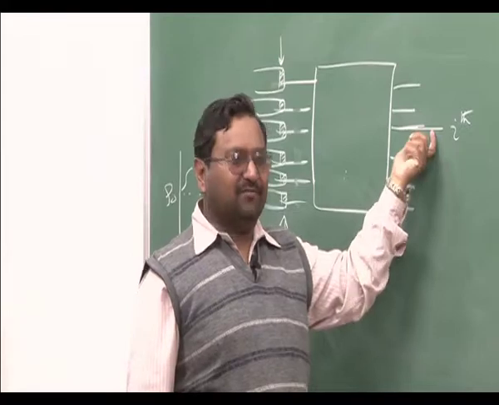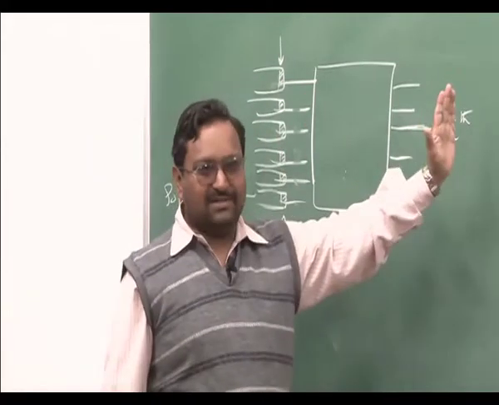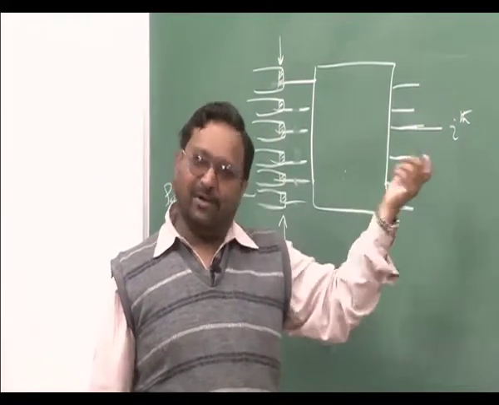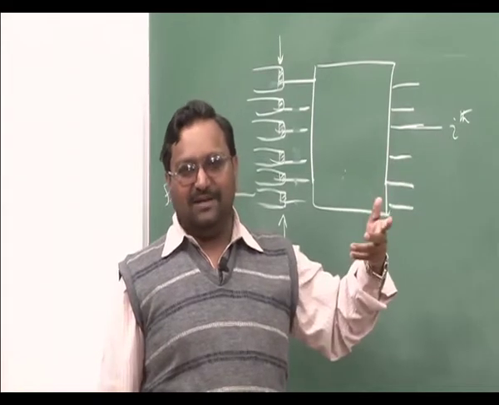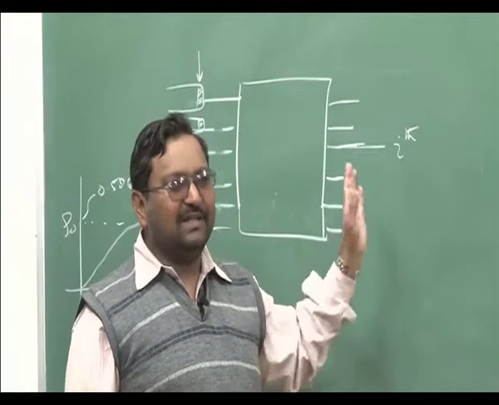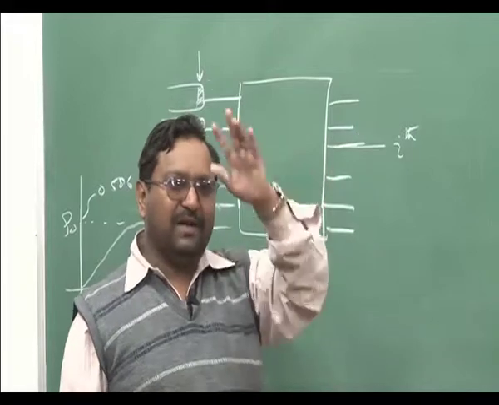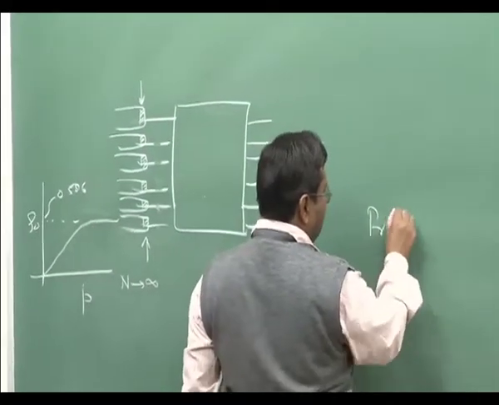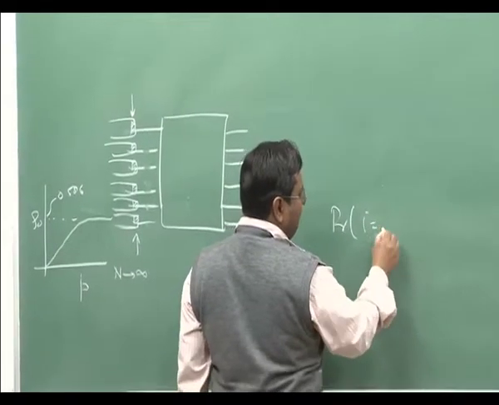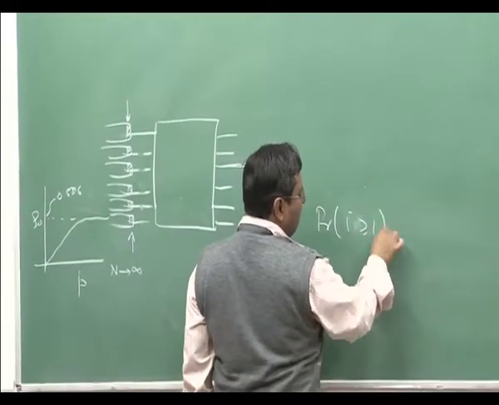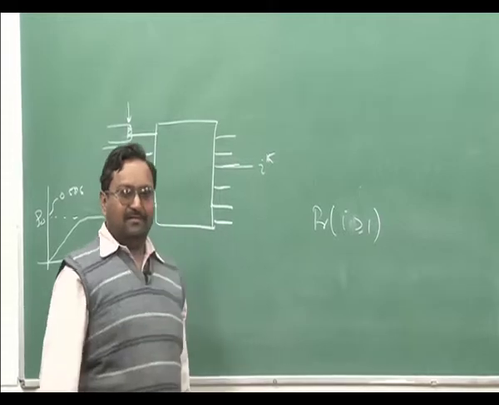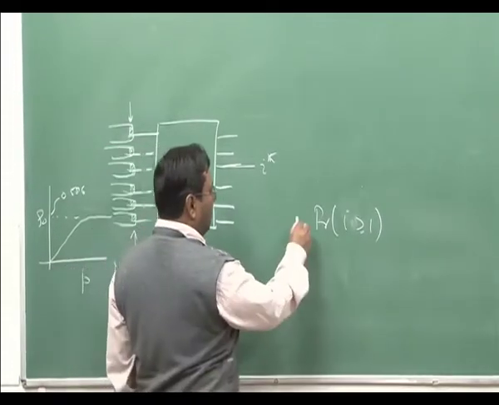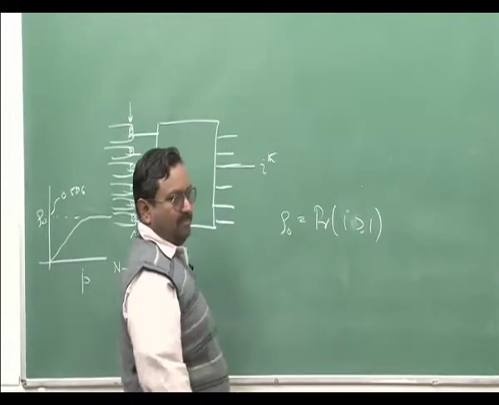If it is more than one, then only one will be going. If it is 0, then nothing will be going. So for 1, 2, 3, 4, 5, for all of them only one packet will be going. So you just estimate that probability that it will be greater than or equal to 1. That is nothing but your throughput performance rho naught.